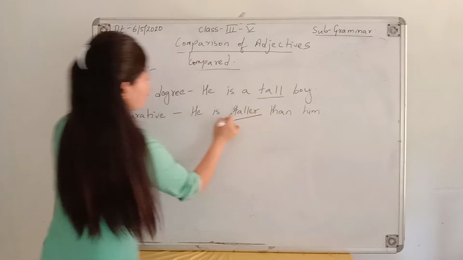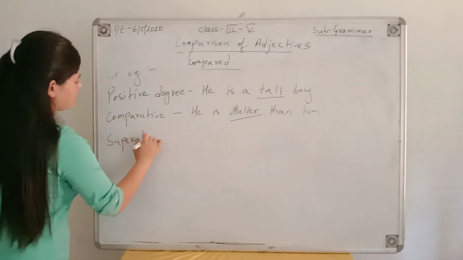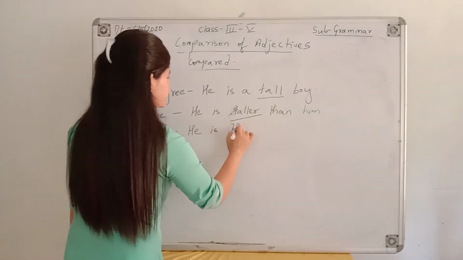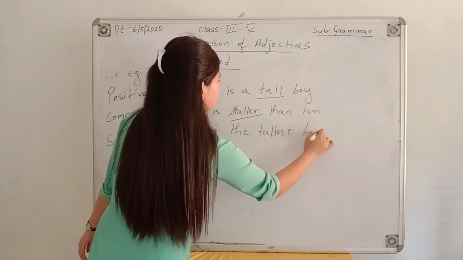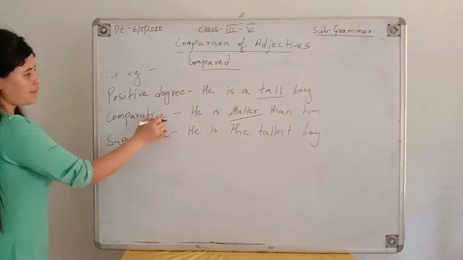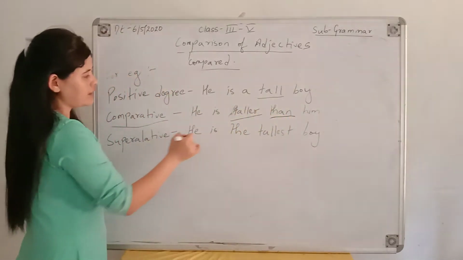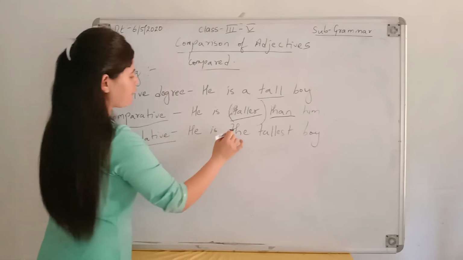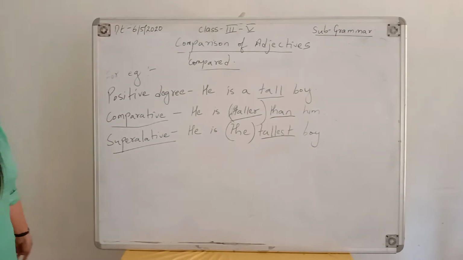This is the comparative form. And in superlative, we can write it as: He is the tallest boy. So over here in comparative, we have used the word than after this word, and in superlative we have used the before this superlative degree.